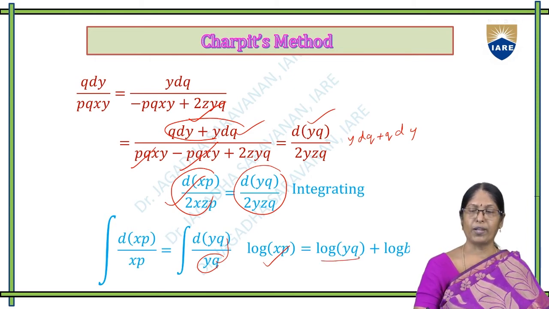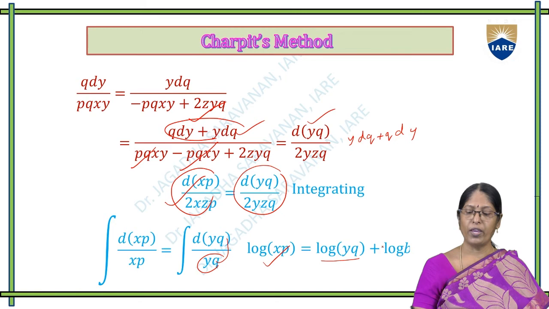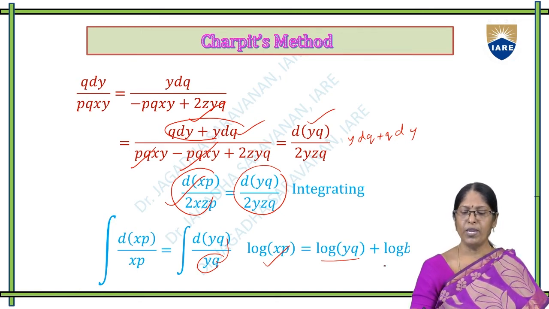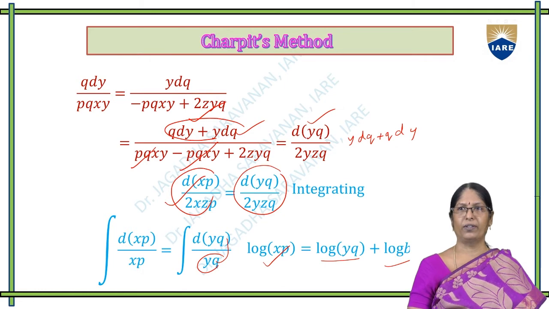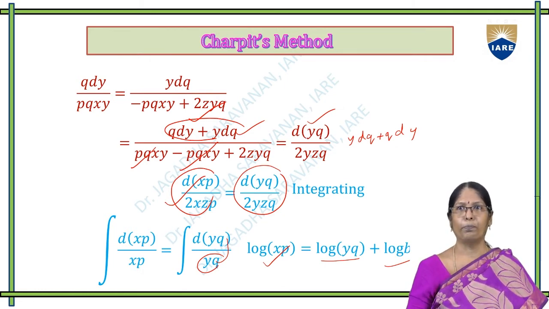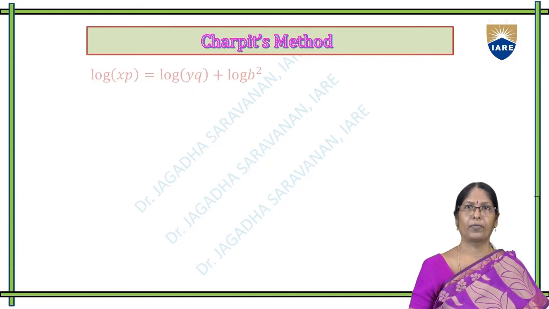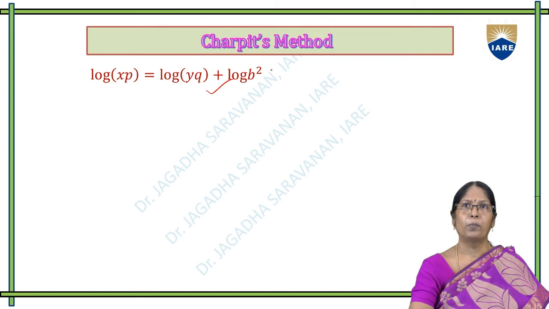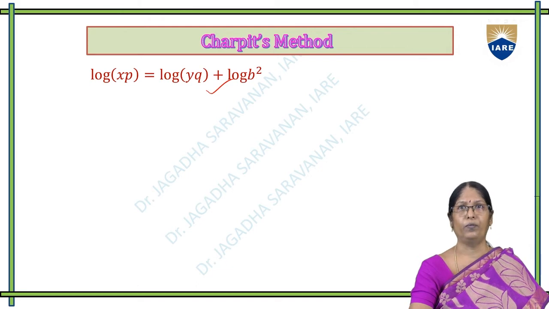So we can express log of yq plus log b square, the constant. Anything we can add as the constant, log b square. So log of xp equals log of yq plus log b square we obtained.